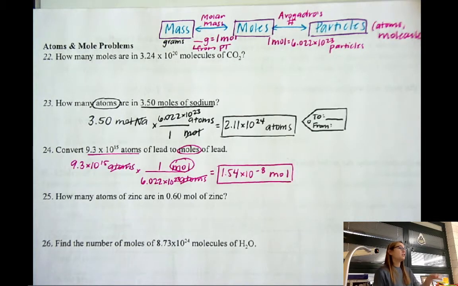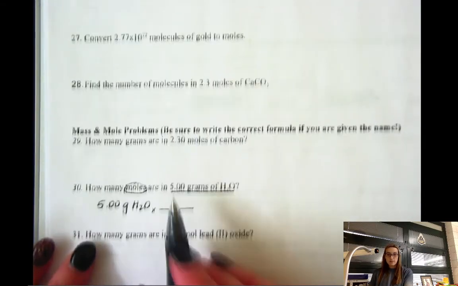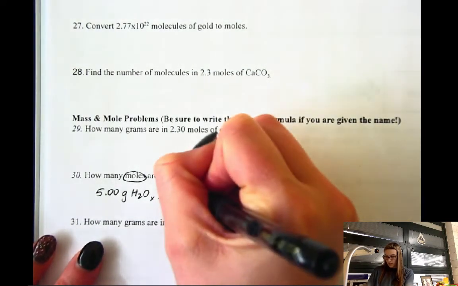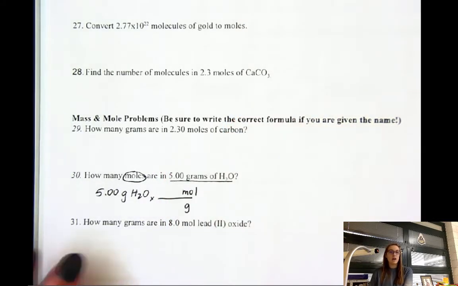So if I ask you to go back into lab and to measure out 3 moles of water, our scales don't measure moles. Our scales measure grams. So you'd have to be able to convert from moles to grams. And so to convert from grams to moles, I know I can go directly between them. So grams is on the bottom, moles is on the top.